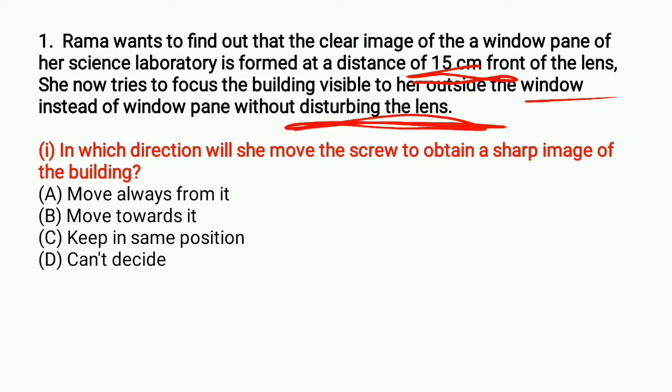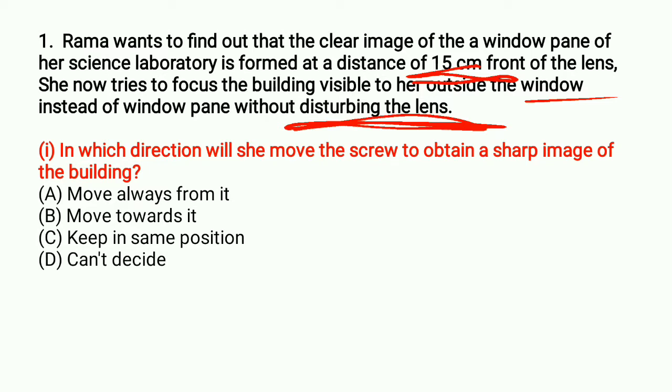So this is the statement we have, and we have to read and understand this paragraph. Then we can easily solve the questions related to it. So these are source based or case based type questions.